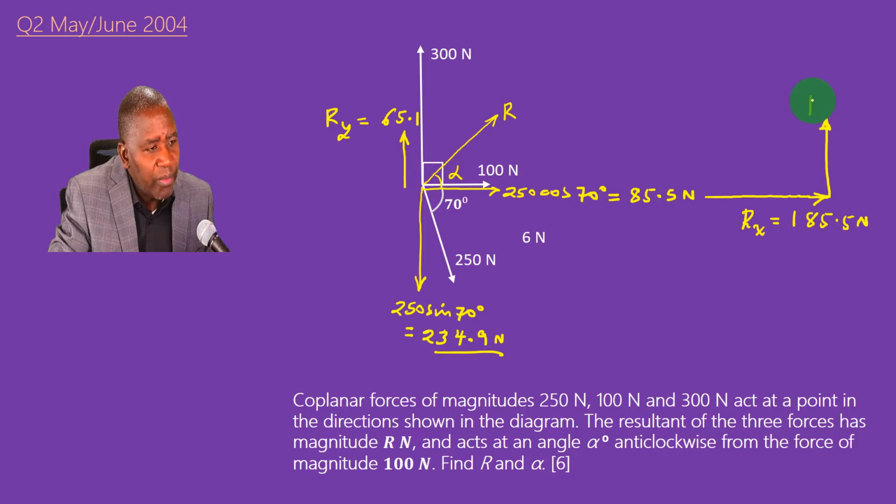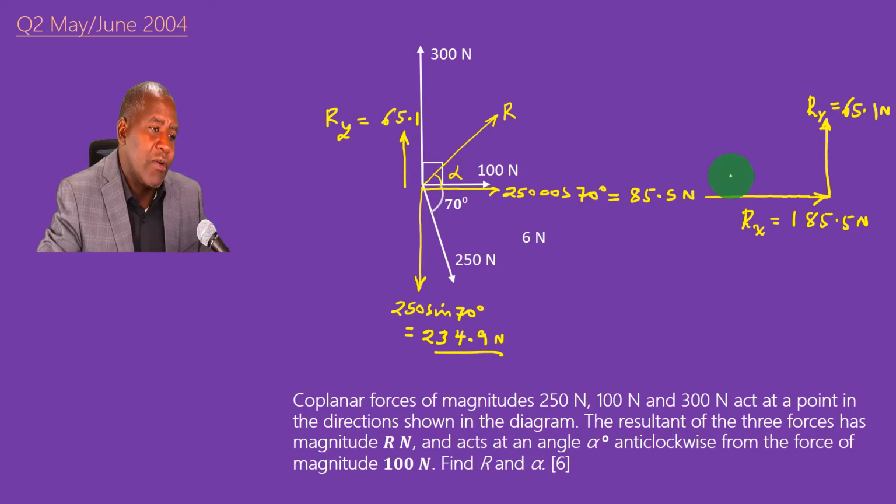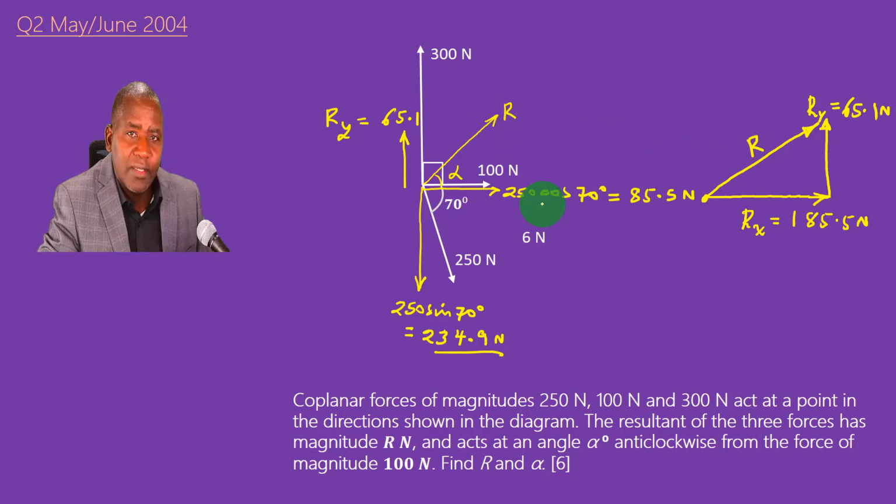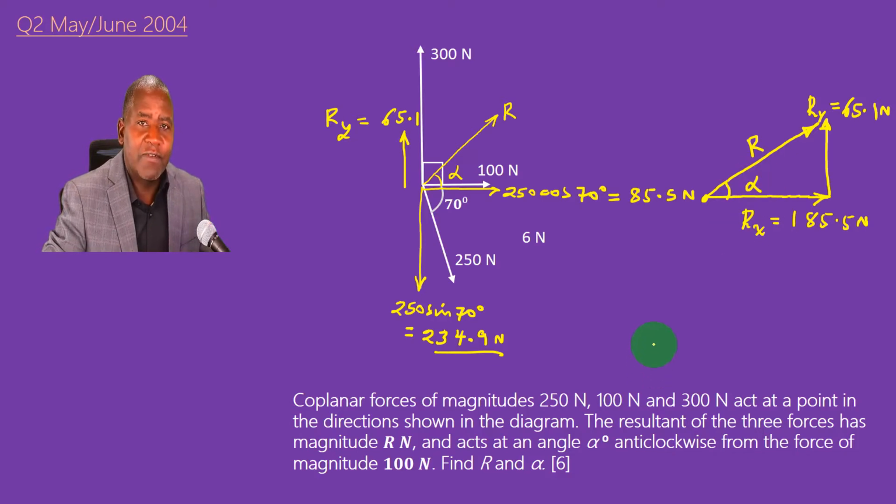So this one will be my Ry, whose value we know it is 65.1 newtons. And now the resultant will be from the first tail to the last head. There. This new force is now our R. And this angle is the angle that we've been asked to calculate, alpha.